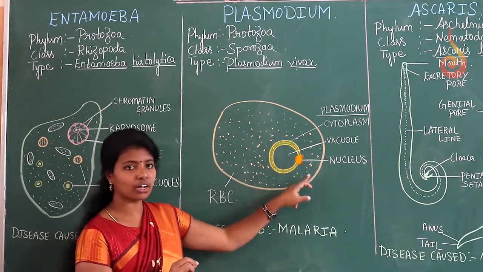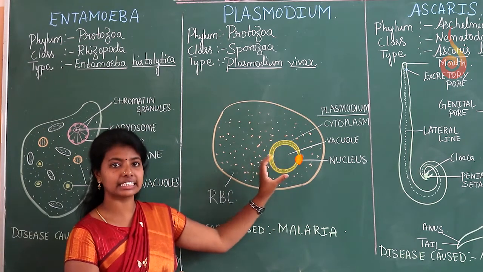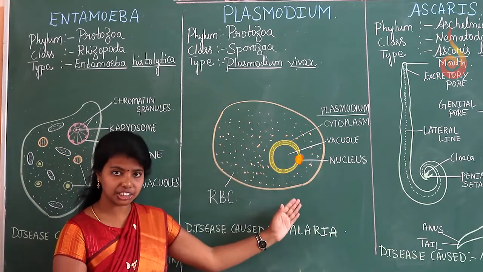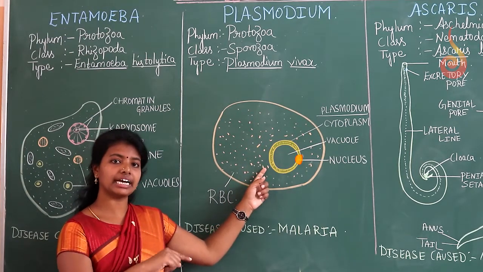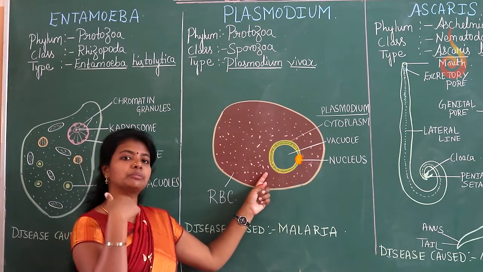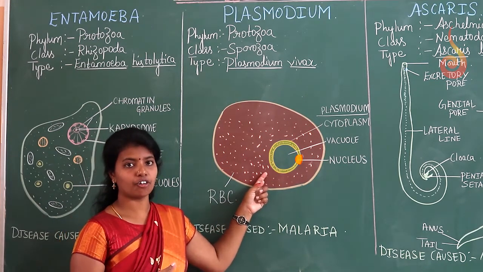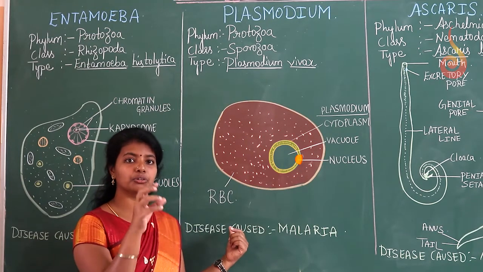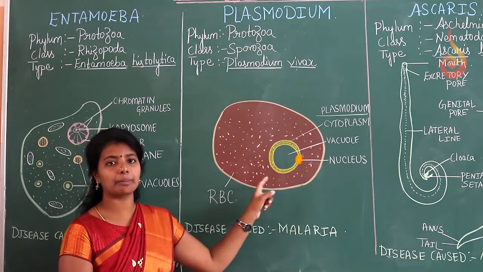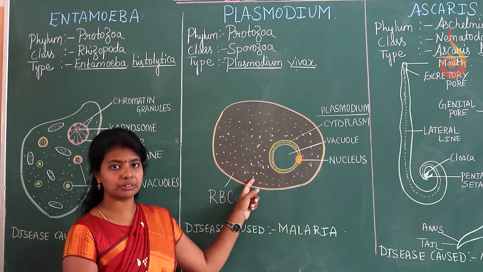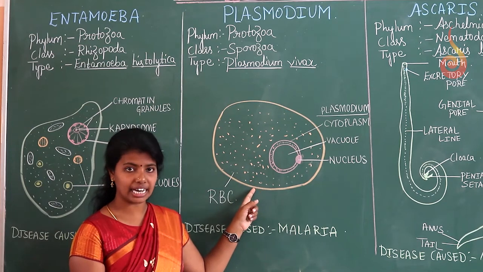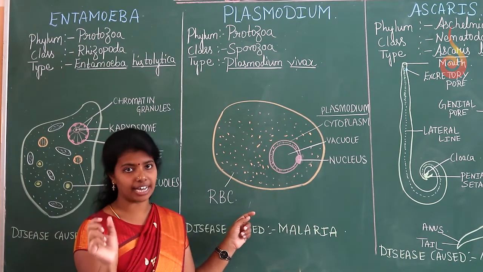This overall structure appears like a signet ring and hence it is called the signet ring stage, which we observe inside the human RBCs. So once you observe a ring structure within an RBC, you will identify it as Plasmodium vivax.